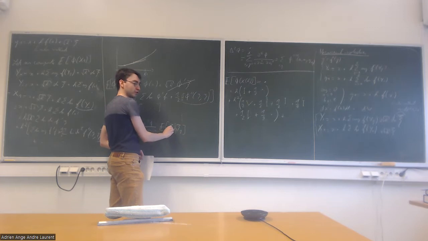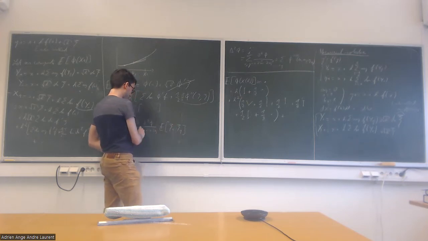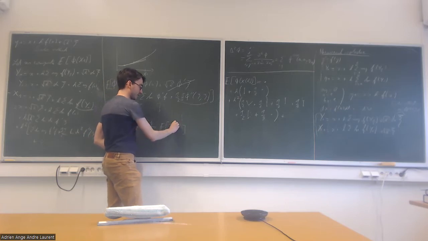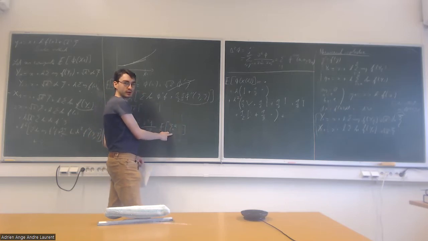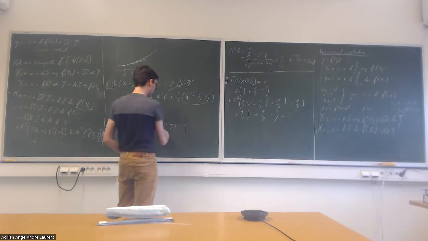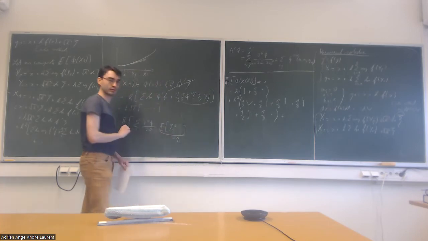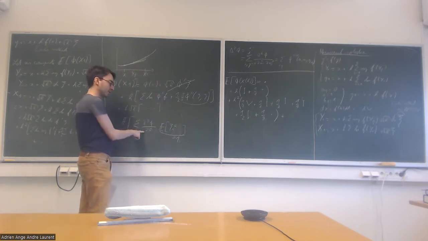This is another expectation here, and it's 0. But if I is equal to j, it's xi I squared, and this is the variance of xi I, which is 1. So what I get is the Laplacian.